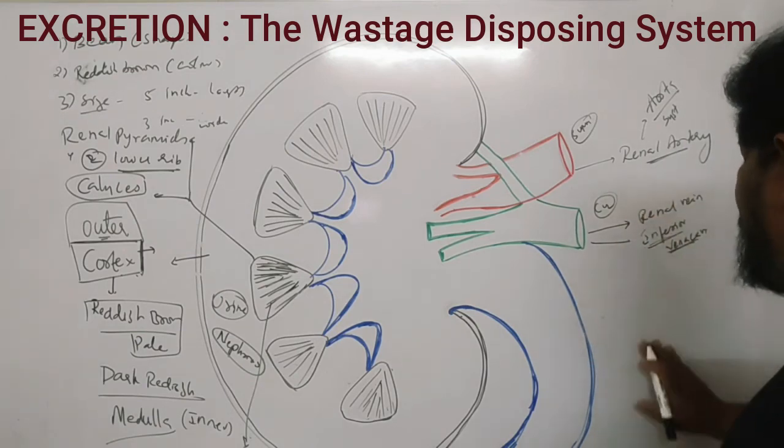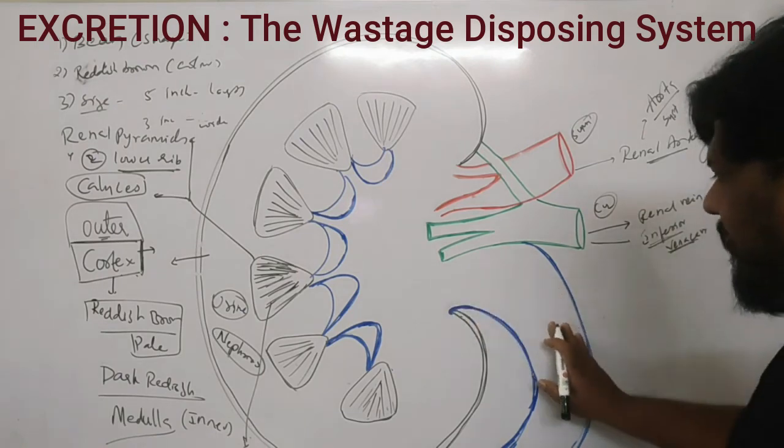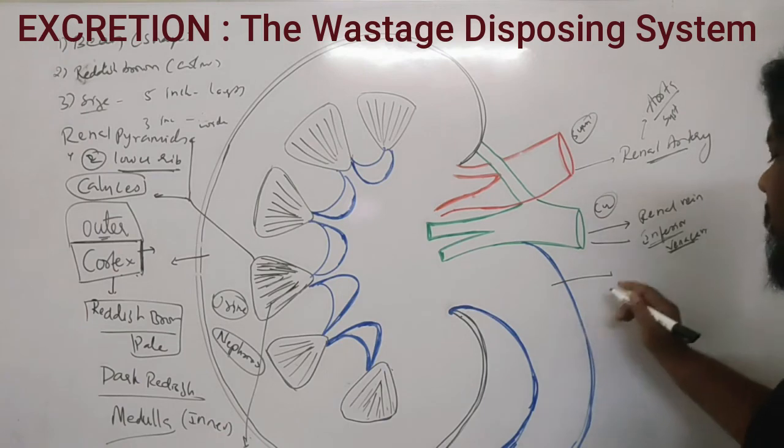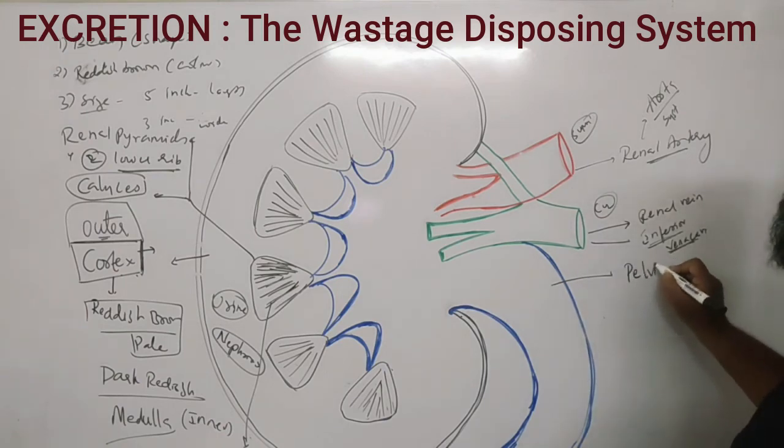Next, you can see this part. The broad part which comes out from the kidney is called the pelvis.